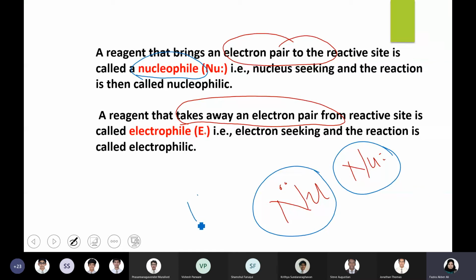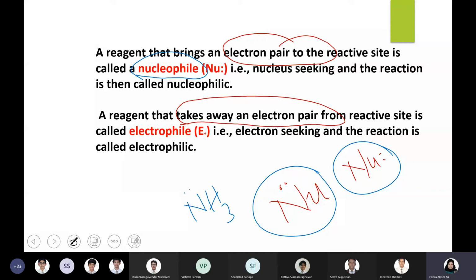For example, ammonia, NH3. NH3 ammonia is neutral, but there is a free lone pair on ammonia, which makes it electron rich because of the free electron pair. So that is how you will define a nucleophile.